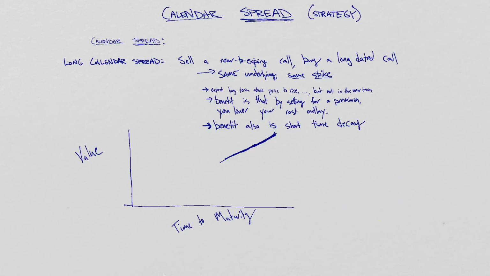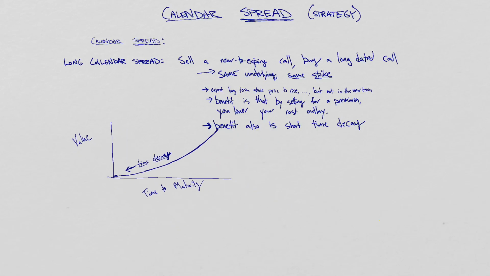And there's this thing that happens called time decay: as you get closer to maturity, there's less of a chance that something big will happen. And the closer you get to expiration, the greater that time decay occurs, the greater the relative drop in the value of the option as you get closer to maturity.